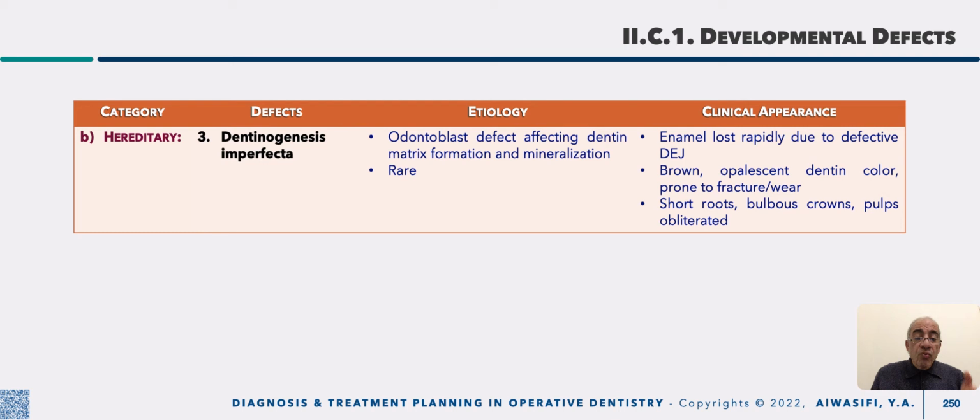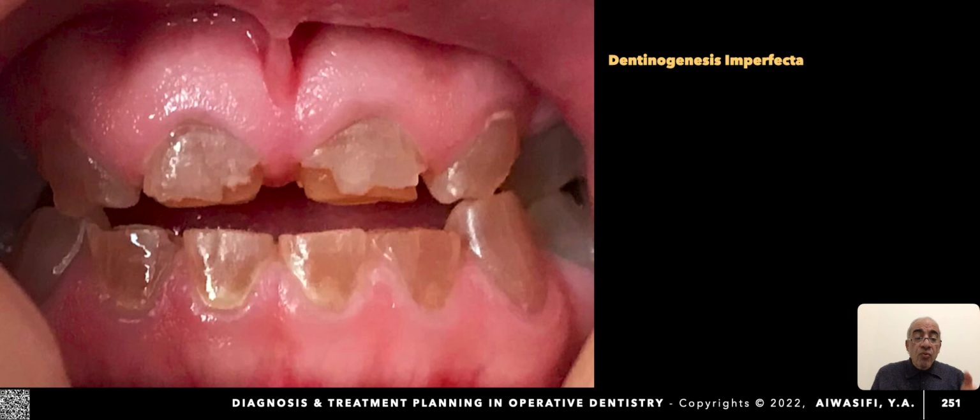The enamel is chipped, and the tooth appears brown, with opalescent dentine color, easily fractured. On radiograph, you could note short roots, bulbous crowns, and obliterated pulps. You could note from this photograph how aggressive dentinogenesis imperfecta is, and thank God it is extremely rare.